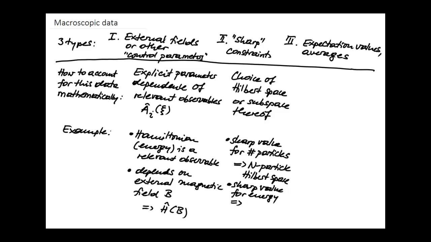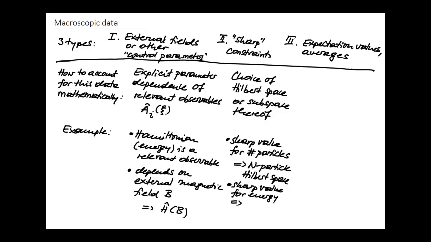Now, if you're given an energy constraint, then essentially you restrict the set of allowed microstates to all those microstates whose energy lies within the given range. So you have a sharp value for the energy plus minus some measurement uncertainty, and all the microstates that are allowed, that are part of your statistical mixture, must have an energy within this energy range.